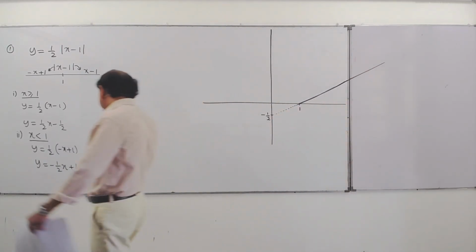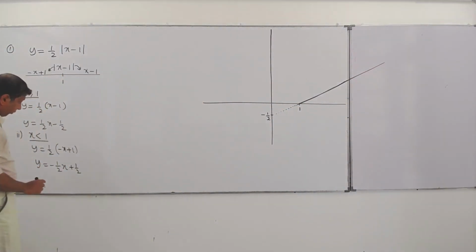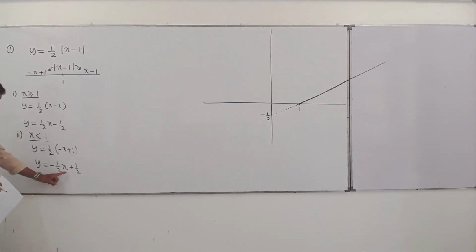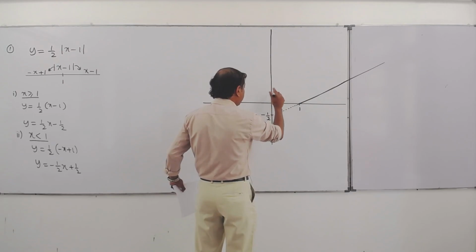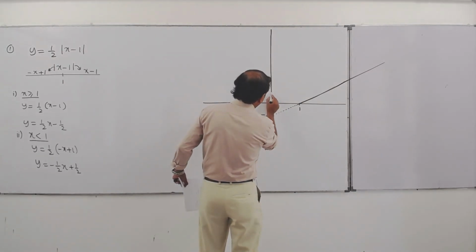On the left of 1, it is minus half x plus half. When x equals 1 again, y is 0. Starting from here, the same half we have to take here. Then we have to join them.